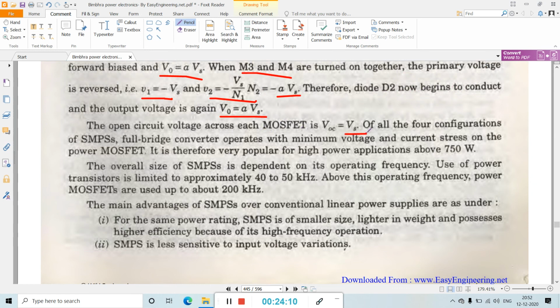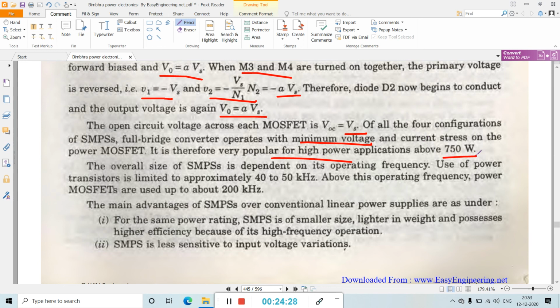So the full bridge converter configuration of SMPS operates with minimum voltage and current stress on the power MOSFET. Therefore, it is very popular for high power applications above 750 watt.